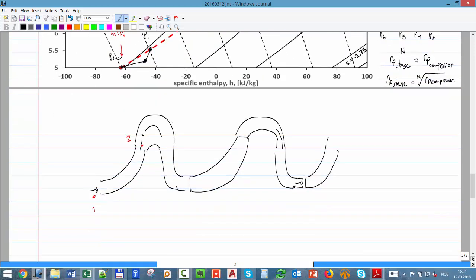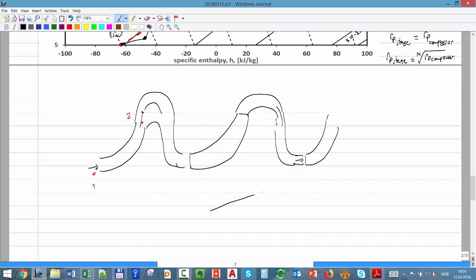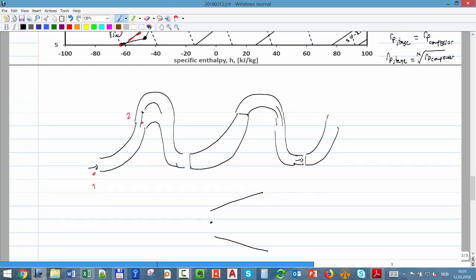Because if we look at the diffuser in a very simple way, from 2 to 3, remember, according to the same first law of thermodynamics, I have in the diffuser, it's not the same as the rotor.